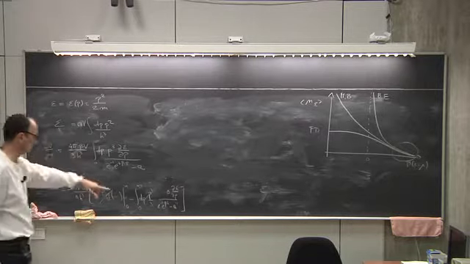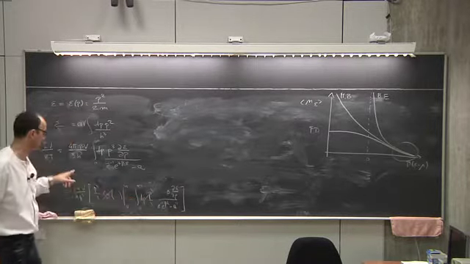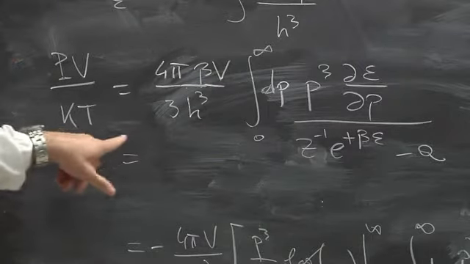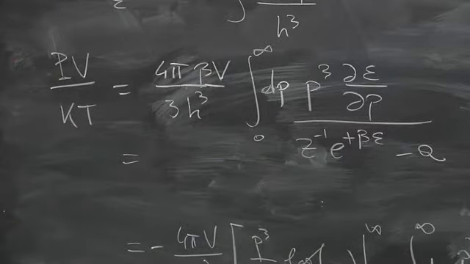I mean there is this factor a which you have to check in the calculation, but if you do the calculation correctly, this is what you get.